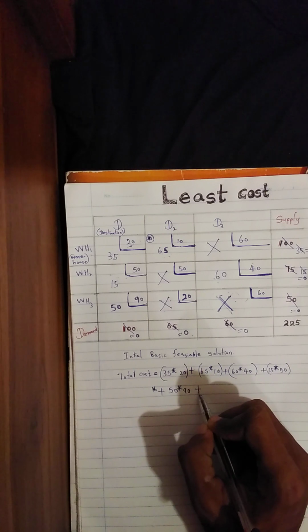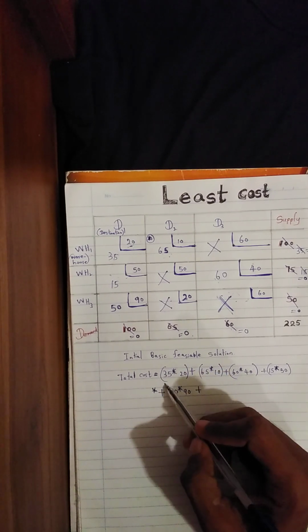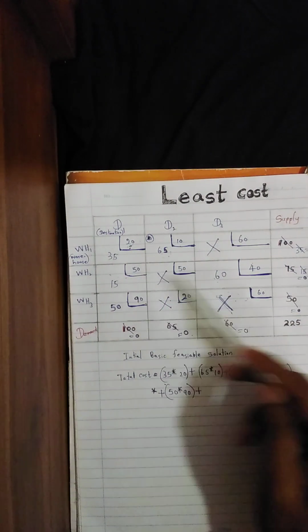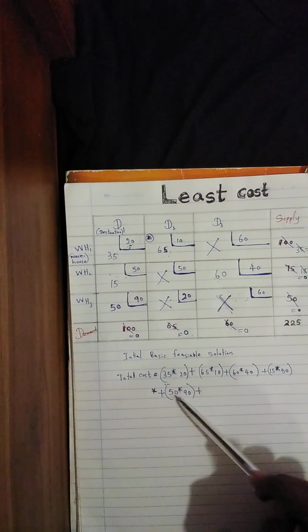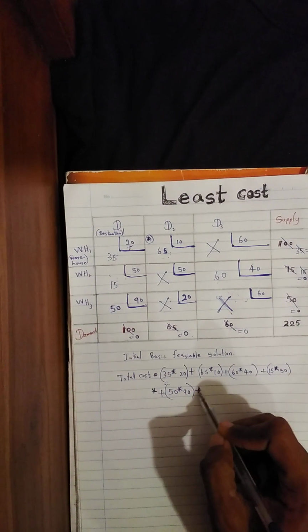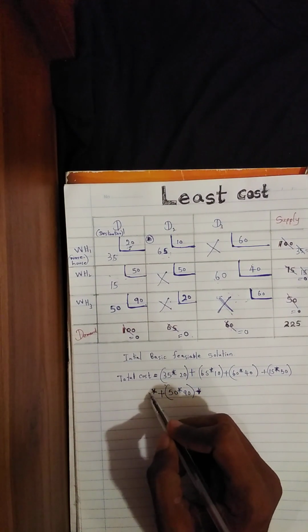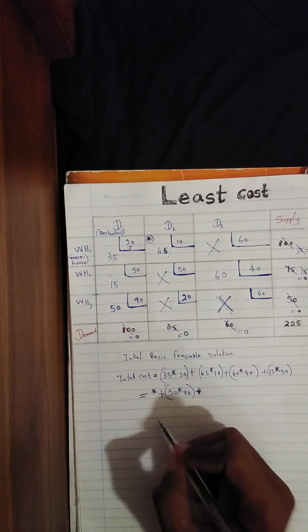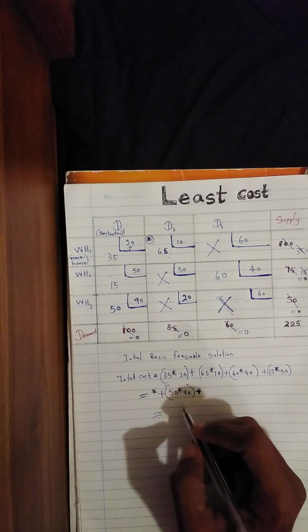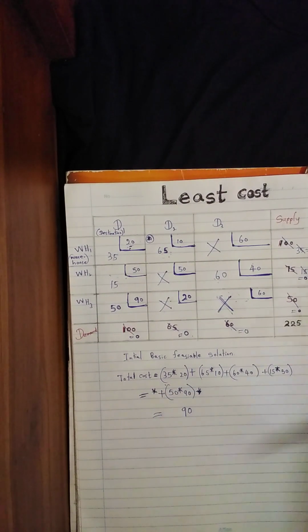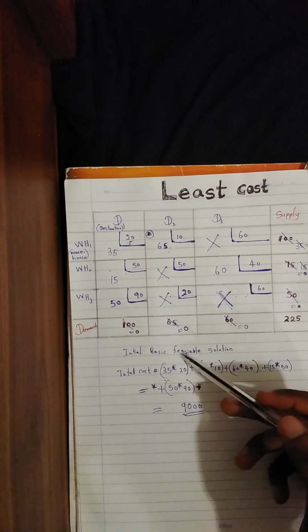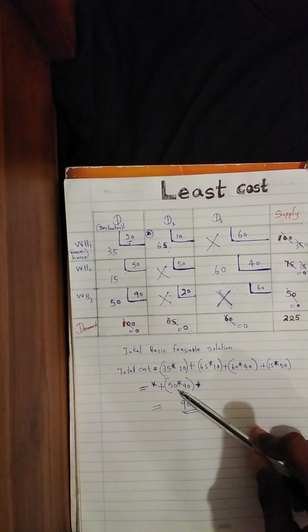I think that's it: 1, 2, 3, 4, 5. There are 5 numbers. You add all these values and you find the last answer, I think, 9,000. Total cost: the initial basic feasible solution is 9,000.